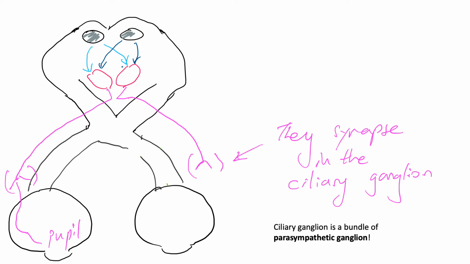These fibers synapse in the ciliary ganglion. The ciliary ganglion is a bundle of parasympathetic ganglion.